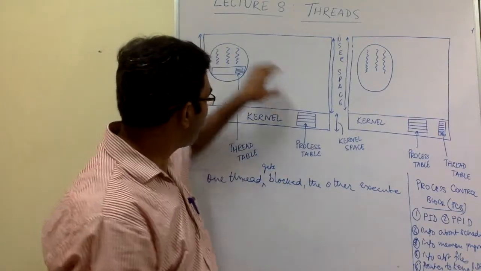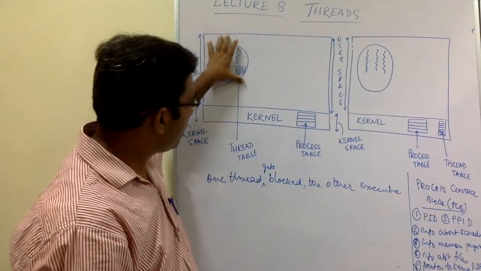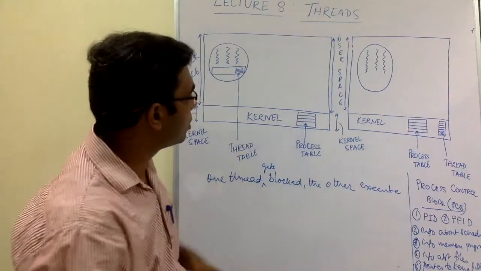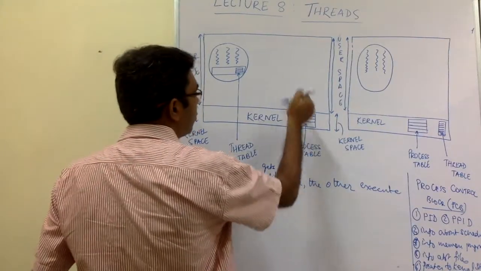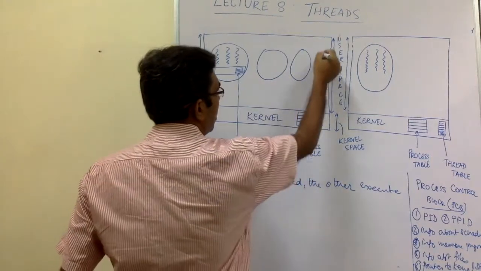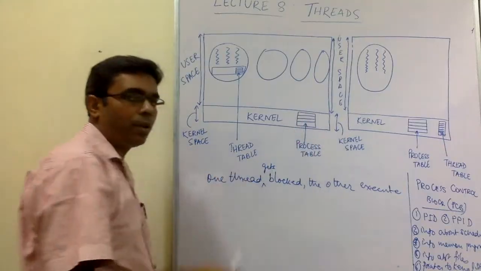So let's say this is the process that is being created. Information about it is maintained in the PCB, and here you see a table of all the processes. Let's say there are 4 processes currently present in the system. The kernel keeps track of all the processes by maintaining a table of the PCBs.